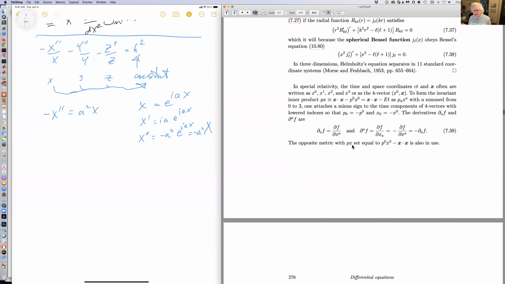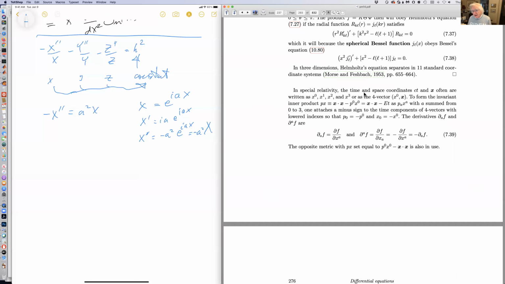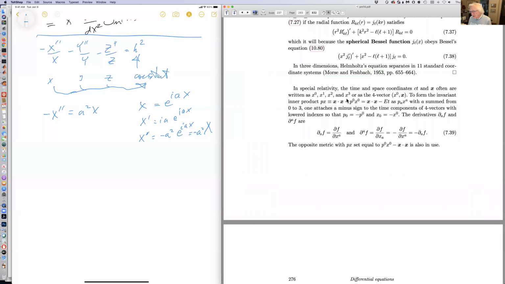In special relativity and in general relativity, the time and space coordinates are often written in this way, with upper indices, sometimes with lower indices. If they're written with upper indices, the normal convention is that x^0 really is the parameter having to do with time, and x^1, x^2, and x^3 are spatial coordinates.